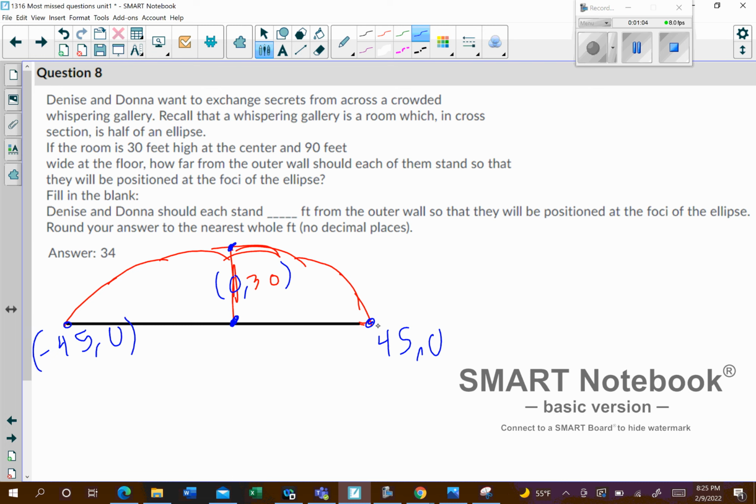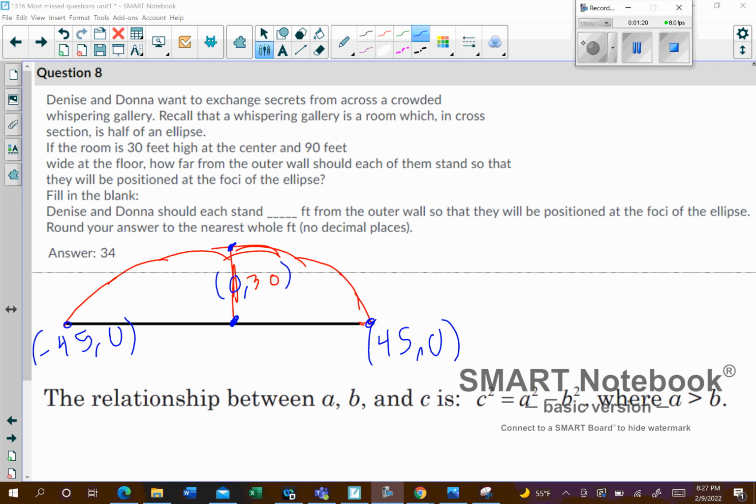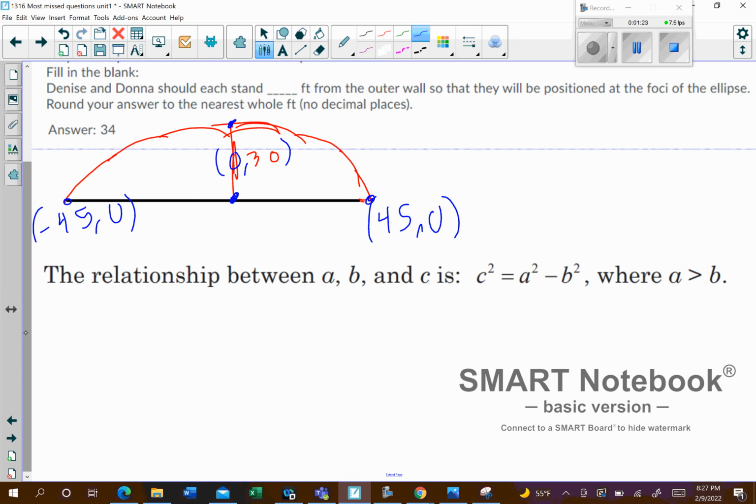So what are we looking for? How far from the outer wall should each of them stand so that they will be positioned at the foci of the ellipse? Here is the formula that we're going to need to figure out that distance of the foci.